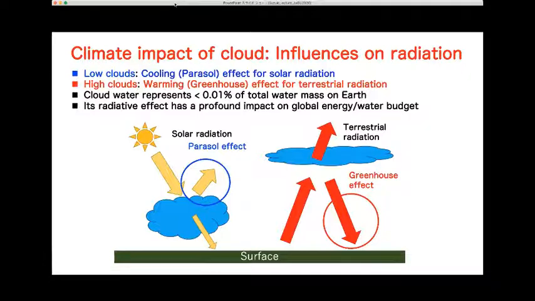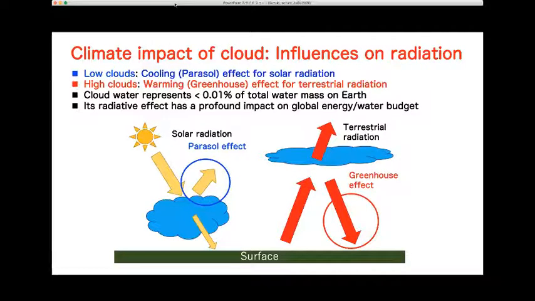But there's another fact: the cloud water represents only a very tiny fraction of the total water mass on Earth. That's only about 0.01% in terms of the mass fraction of the total water on the Earth, including ocean and the ice sheets.